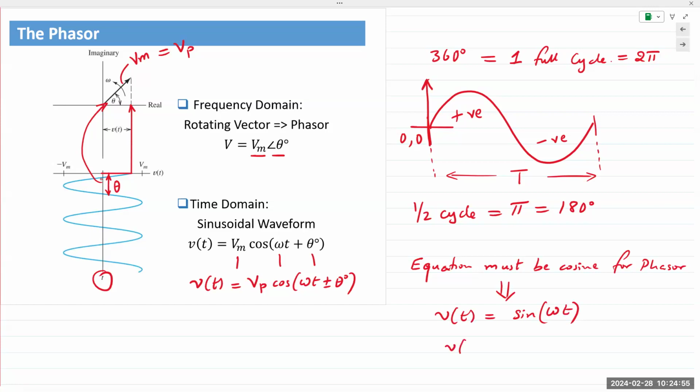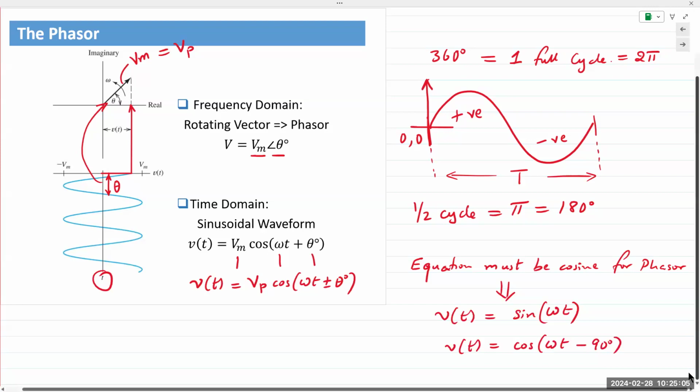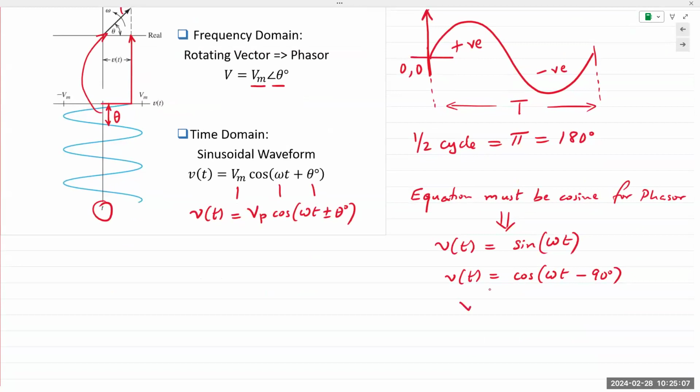It becomes cos of omega t minus 90 degrees. And then you can directly write down the phasor. The phasor for this would be 1 with a phase angle of 90 degrees.